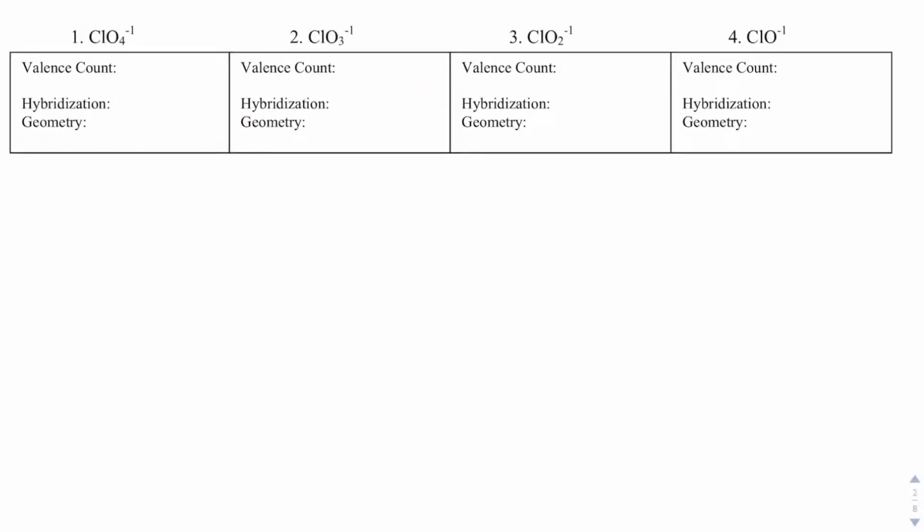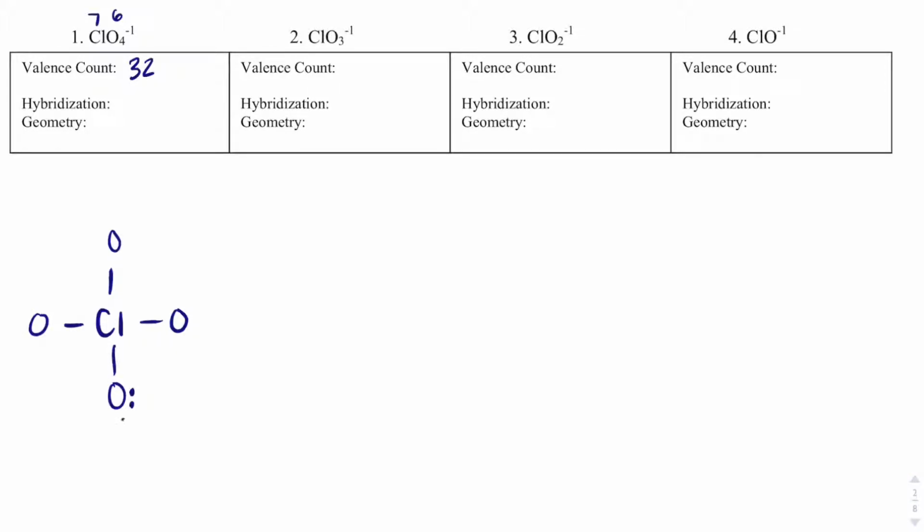We're going to do our valence count. So chlorine has 7 valence electrons, oxygen has 6, and so if I add this up, I get 32 valence electrons, and my central element is going to be chlorine. I'm going to bond oxygen around here.